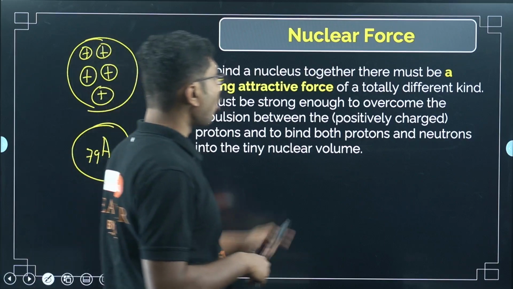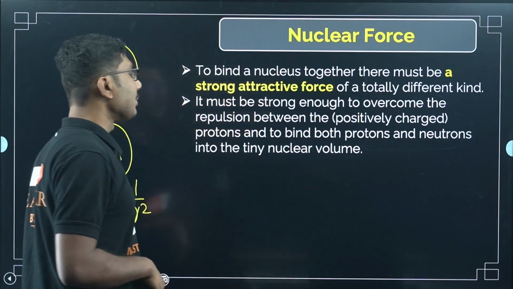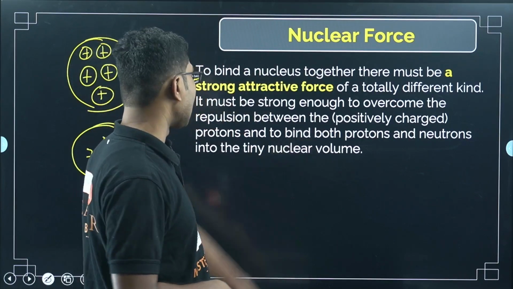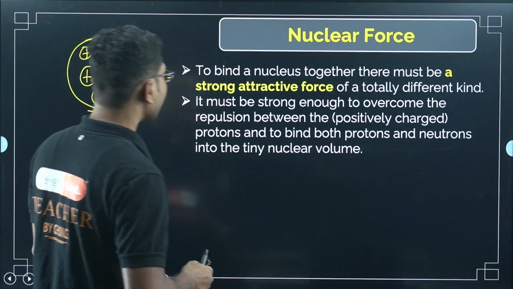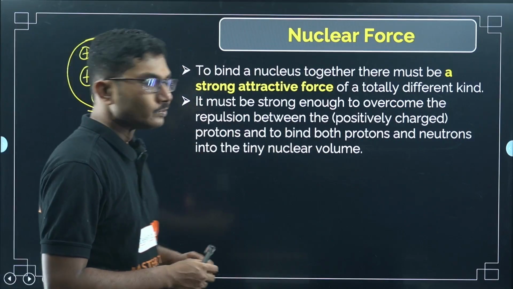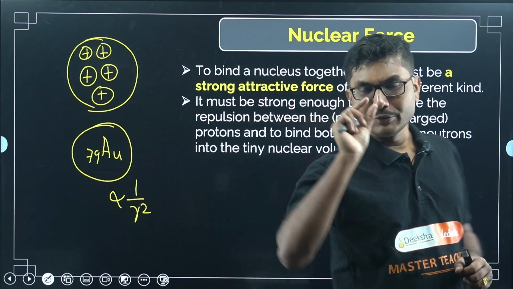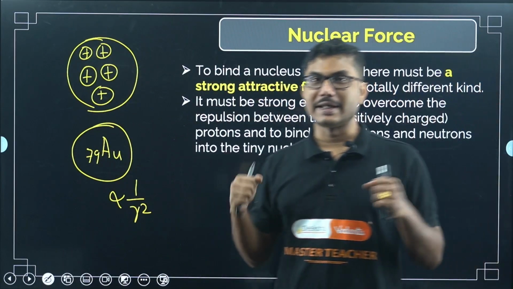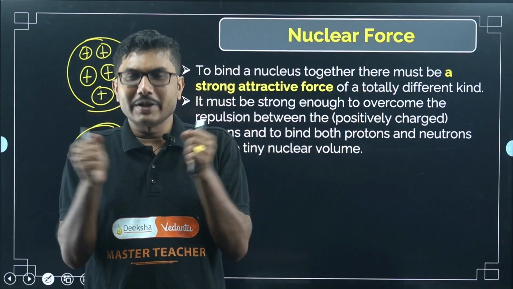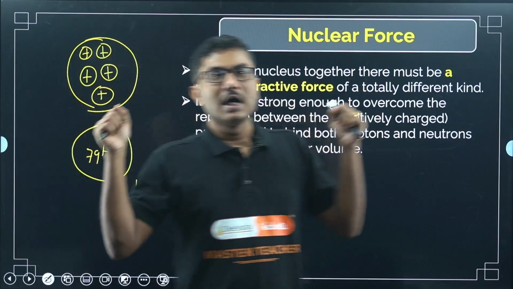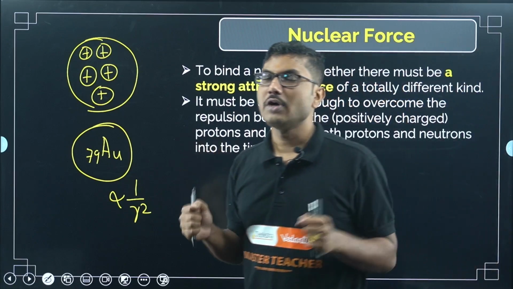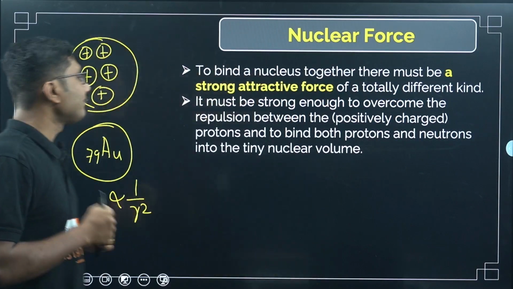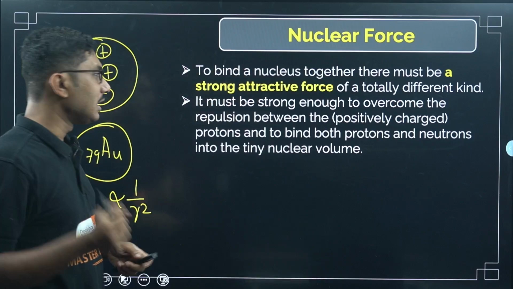It must be strong enough to overcome the repulsion between the positively charged protons and to bind both protons and neutrons into the tiny nuclear volume. So the nucleus is very small, and something is pulling everything together, binding everything together in that small space of the nucleus, right? So that force is called nuclear force.